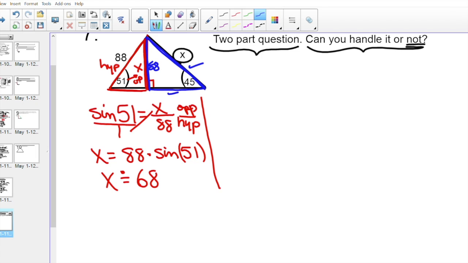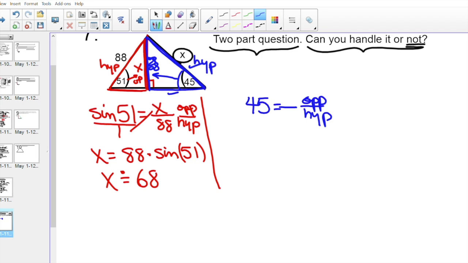Now here in the blue triangle, our reference angle, start with the reference angle, is 45. Now this side in the blue is called the opposite. And this side in the blue is called the hypotenuse. So we're going to write the ratio of putting the opposite over the hypotenuse.